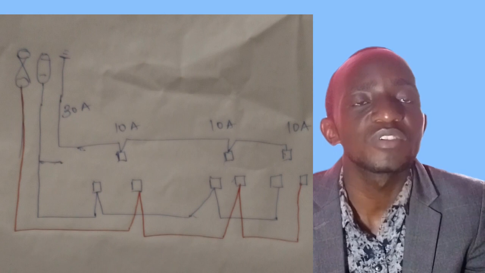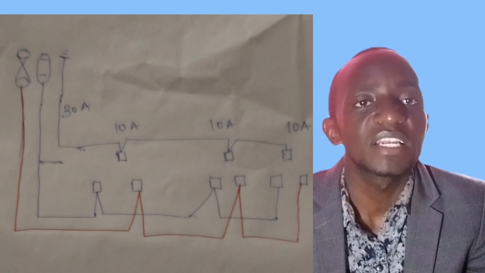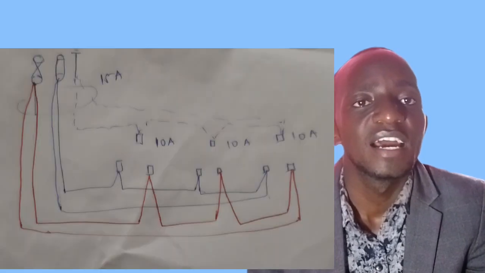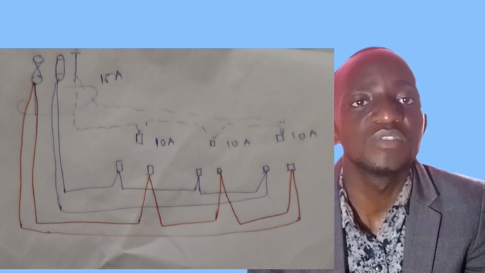So you require to install conductors that can be able to carry 30 amperes. But if you have connected your sockets in ring, then the current is going to split into two, 15 amperes, 15 amperes, and therefore your circuit is going to require conductors that can only withstand 15 amperes.